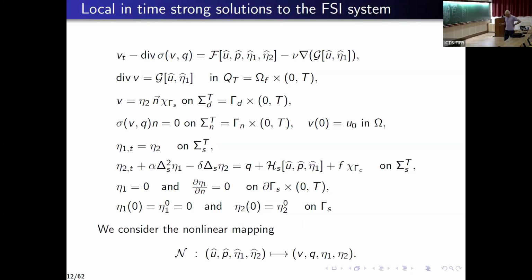So the equation I have to solve is the following one. In place of U tilde, P tilde, and so on, I take some U hat, P hat, eta 1 hat, eta 2 hat. Here it's not nonlinear. Okay, so the equations are given like that.